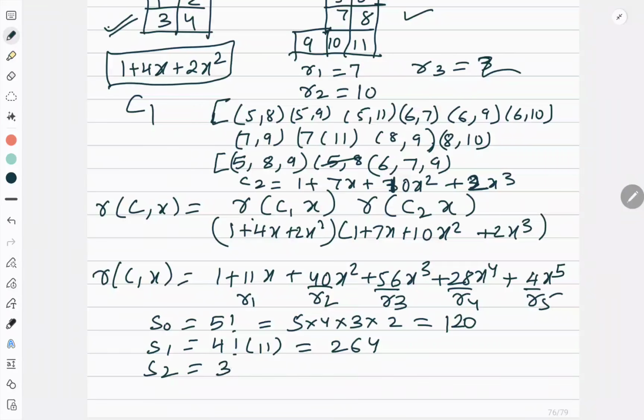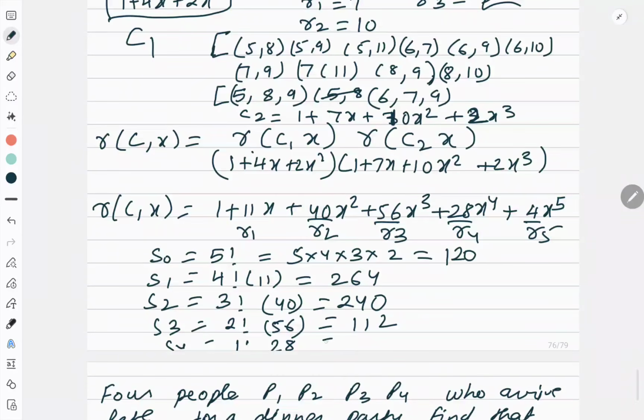S2 is equal to 3 factorial into 40, 240. S3 is equal to 2 factorial into 56, that is 112. And S4 is equal to 1 factorial into 28, that is equal to 28. Correct? And S5 is equal to 4 because 0 factorial is 1.